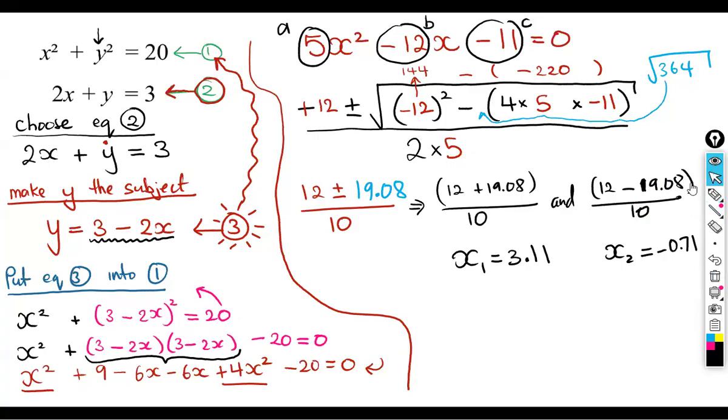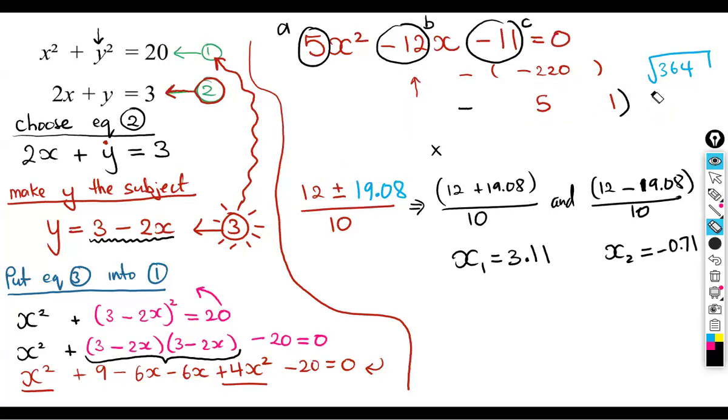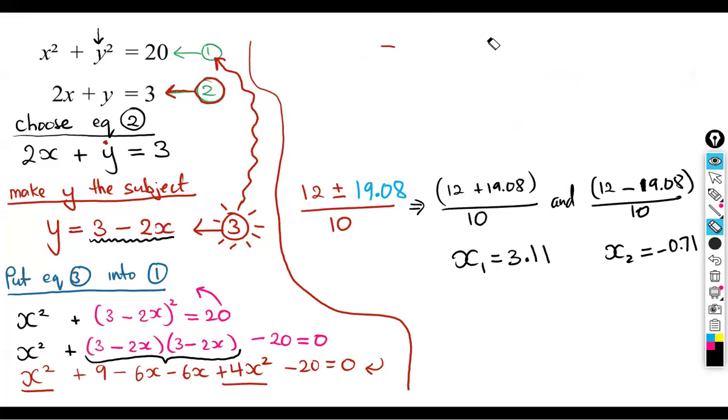Get your y values now. Run back to equation 3 and substitute it in. Right, so we run back to equation 3. And equation 3 is what? y is equal to 3 minus 2x.